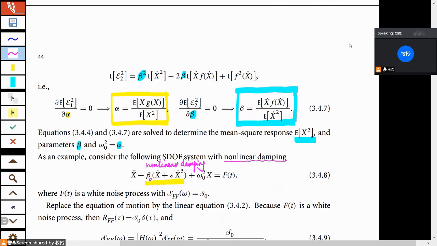Okay, so first we replace the nonlinear equation by an equivalent linear system. So you have x double dot plus beta x dot plus omega 0 squared x equal to F(t). So this is the equivalent linear system.